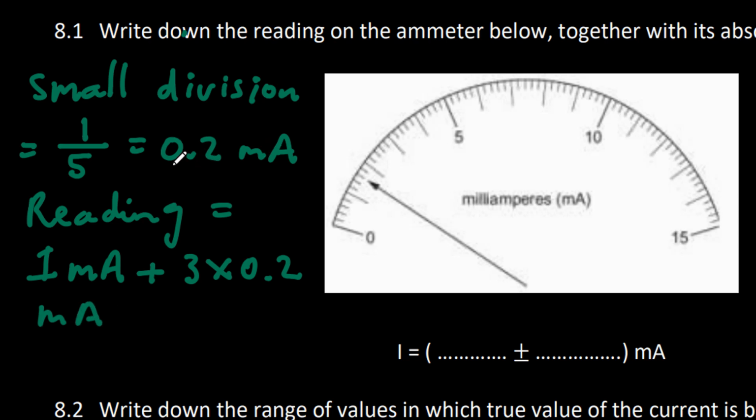One small division is 0.2 milliamps, and this gives us 1.6 milliamps. So the reading itself will be 1.6.